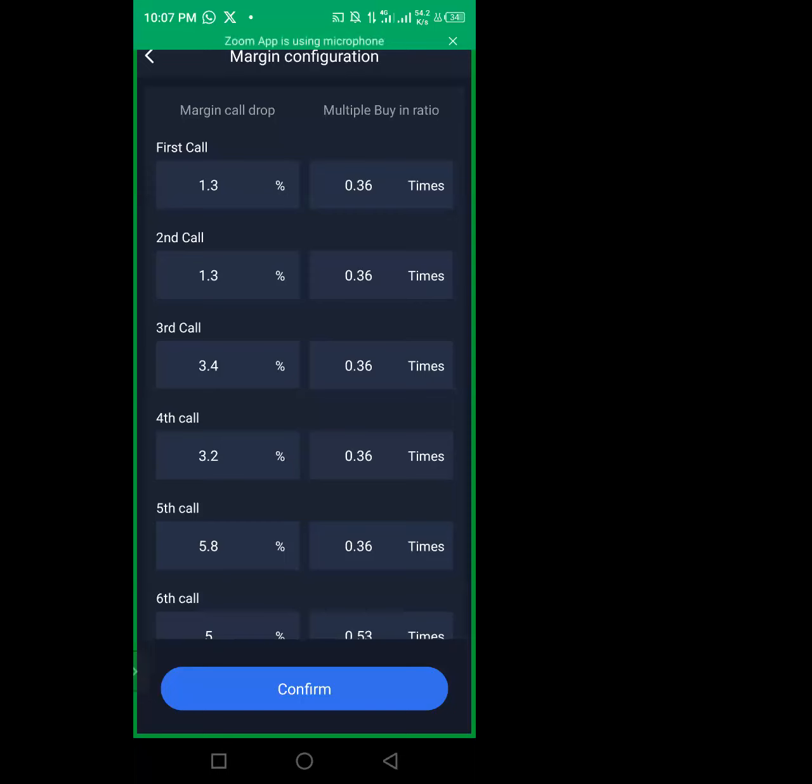So this margin call drop is talking about how the coin is going down, and how you want your robot to buy at a certain percentage that it is going down.